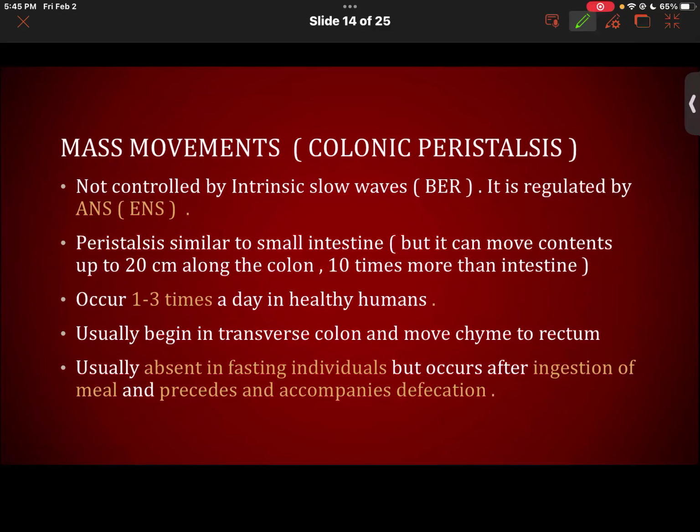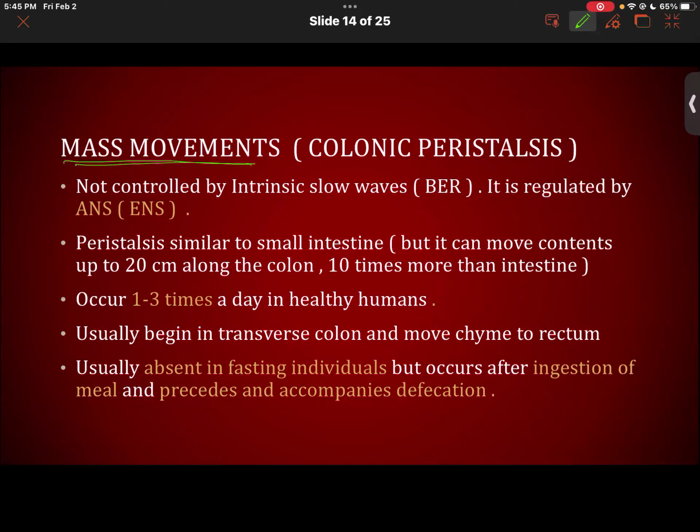Now, you remember that slide where we talked about mass movement, where I said usually the movement of the feces towards the rectum is slow, except if we have mass movements. I told you to keep it in your mind because we'll study it in a bit. So here we have the slide about mass movements.